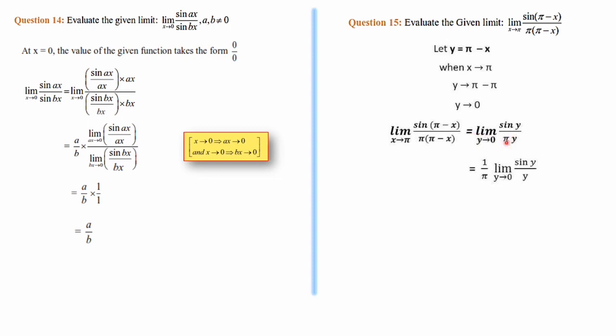That is equal to 1 by pi into limit y tends to 0 sine y by y, purely in the trigonometric limit formula form. So limit y tends to 0 sine y by y is 1, directly we can apply the formula here. So 1 by pi into 1 is equal to 1 by pi. That is the answer.